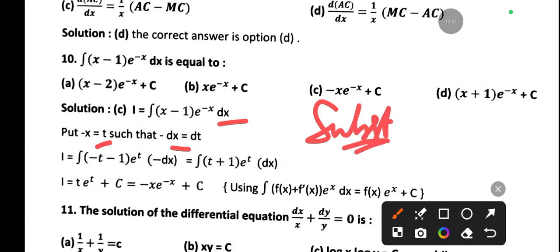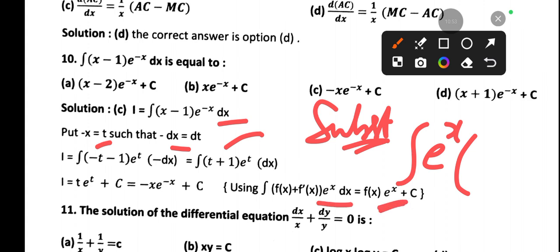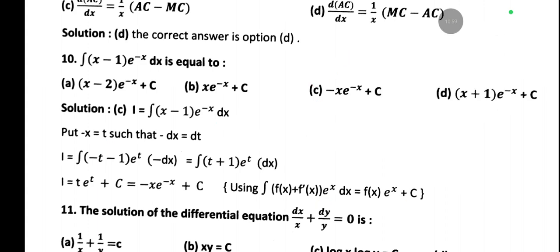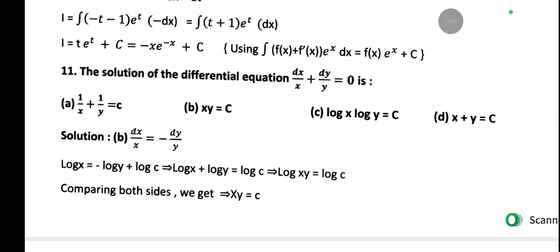When doing the substitution method, we got integral of (t plus 1) e power t dt, and we have one formula: whenever e power x is there, integral e power x (f of x plus f dash of x) equals e power x f of x plus c. When we applied that formula, we got minus x e power minus x plus c. Go through it, try to do the 10th one on your own. If you have a doubt, tell me, then separately we will solve this.